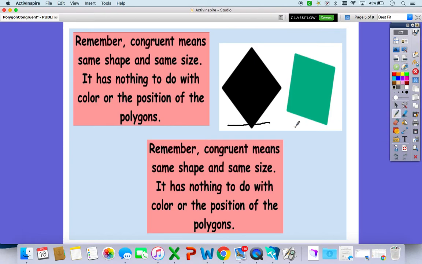These 2 squares, squares on their sides or diamonds, are congruent. They're congruent because they are the same shape and they're the same size. It doesn't matter that one of them is black and one of them is green, and it doesn't matter that one of them is turned a little bit more on its side. That has nothing to do with being congruent. They are the same shape, same size, and really that is all that matters.